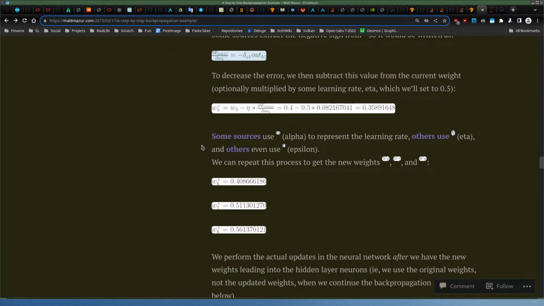Some sources use alpha to represent learning rate. Others use eta. And even others use epsilon. We can repeat this process to get the new weights for W6, 7 and 8, pertaining to the output layer.